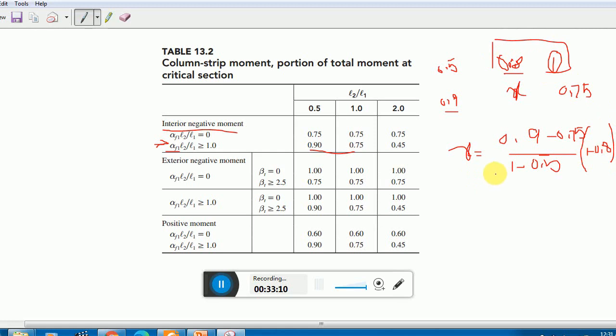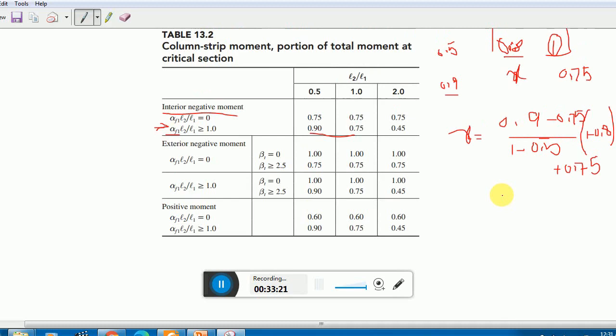You got the value. Then you have to add this value to 0.75. This is the interpolation formula.